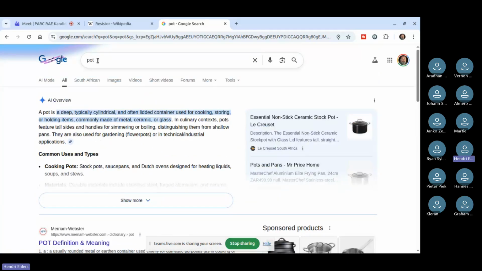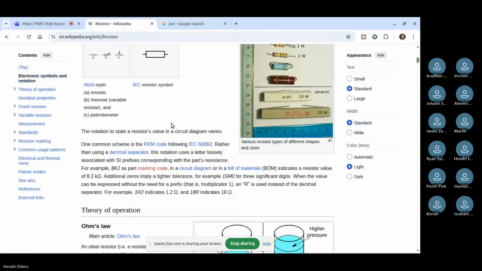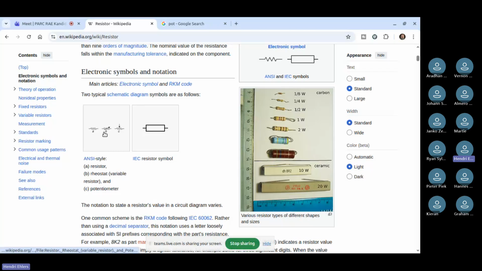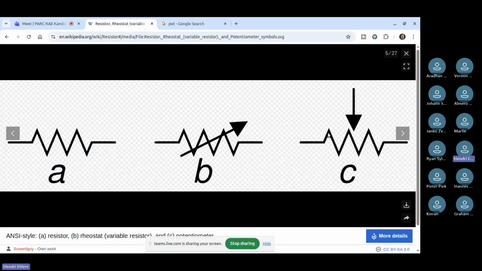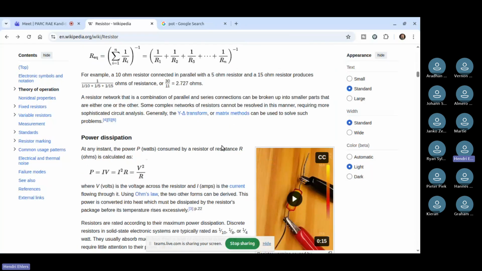Okay, there it is. There's a symbol. Let's see if we can make it bigger. That's the symbol for a potentiometer. It can also be the square one. Good. So let's see if they've got it in there.